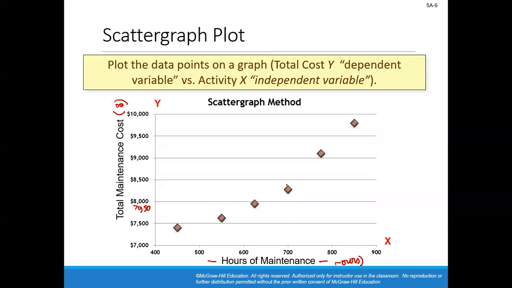But we can find some relation from here between the total maintenance cost and the hours of maintenance. So do you think it is possible to draw a straight line by connecting these dots, like in this way?